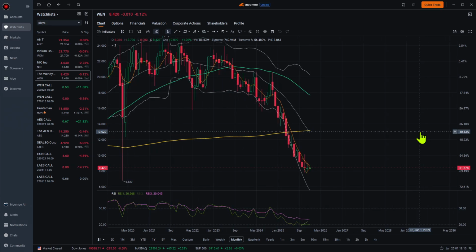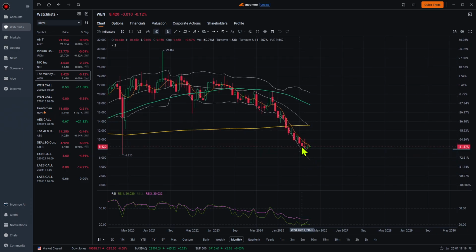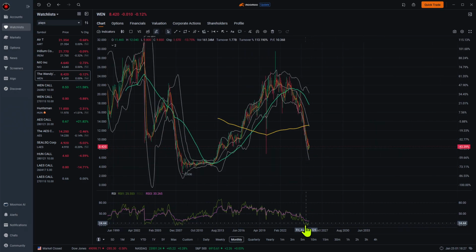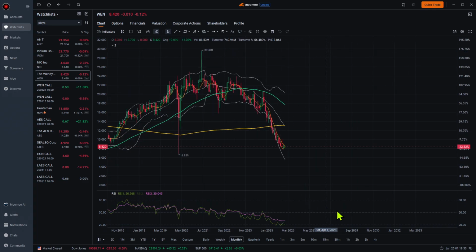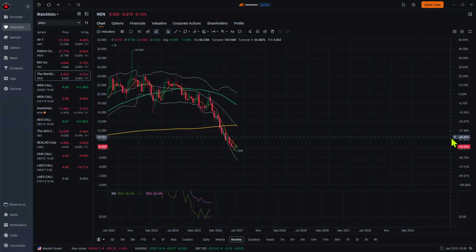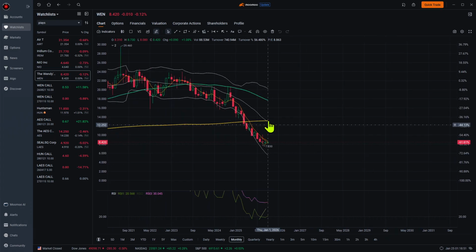Oh man, that looks good. See, we're setting a price. We're setting a hard line right here. That monthly is just starting to turn up. That is crazy. I wonder if you have divergence on the monthly. Wouldn't that be something? You do have divergence on the monthly.